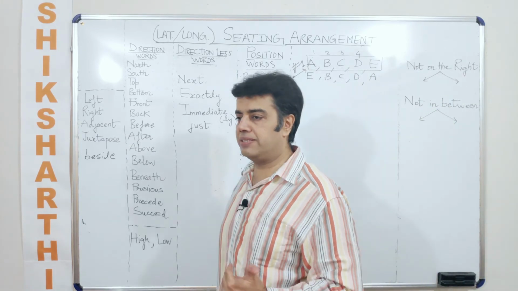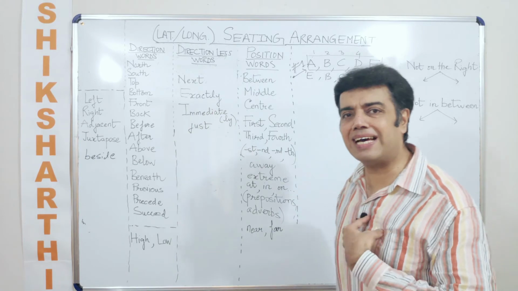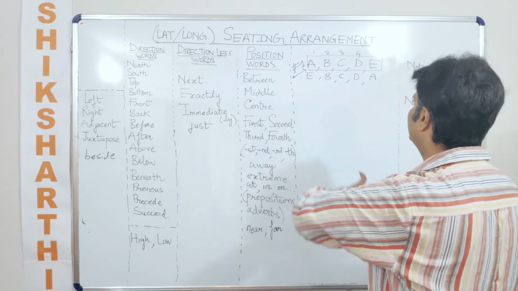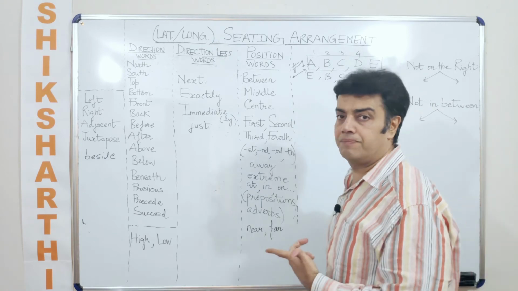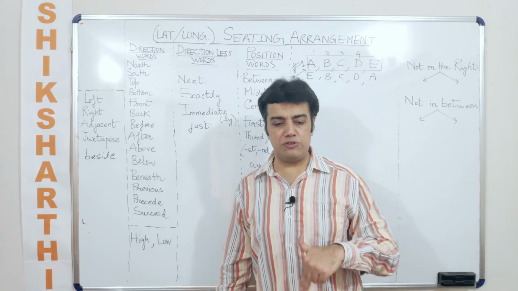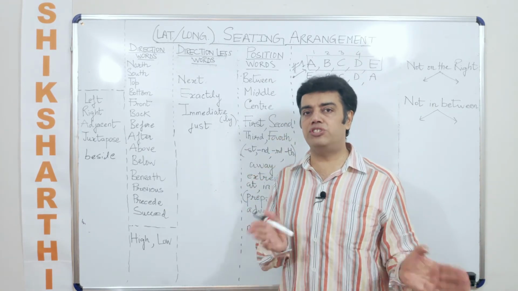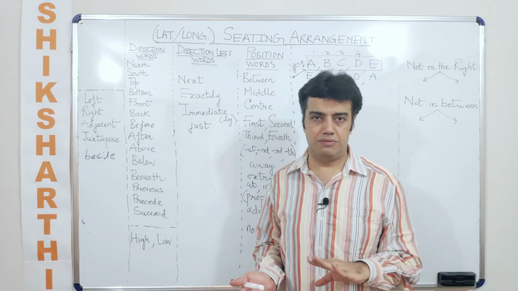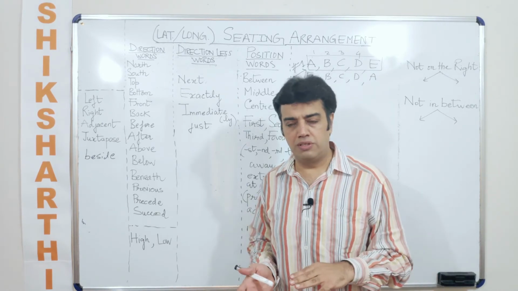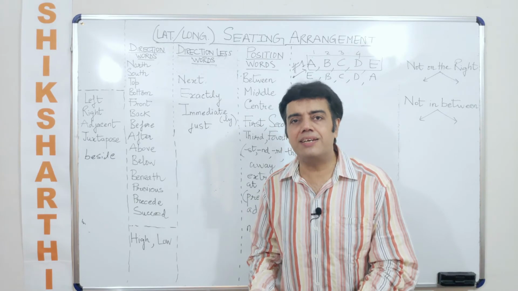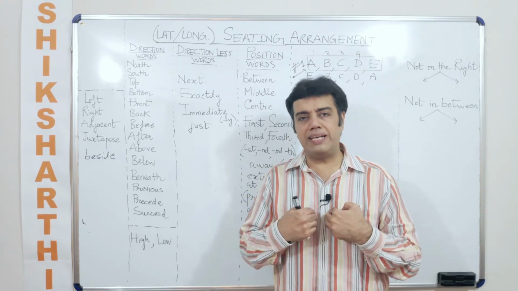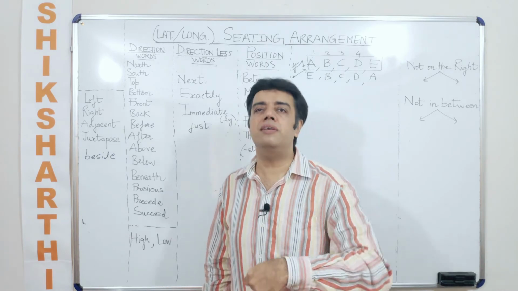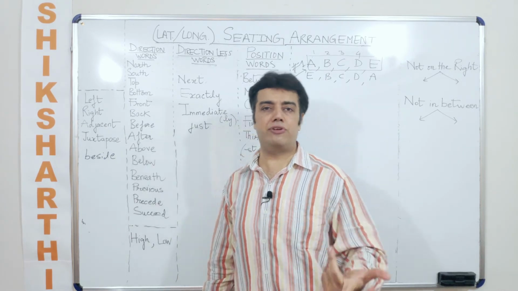D is 4 places to the right of A. Who is saying this? I am saying this from my perspective. At the same time, D is 1 place to the left of E. Now from A's and E's perspective, the direction would change. Same with north and south, the directions would change. So there is something like to my right. If somebody is observing me, and I say to my right, for the person who's observing me, it would be to the left of that person.